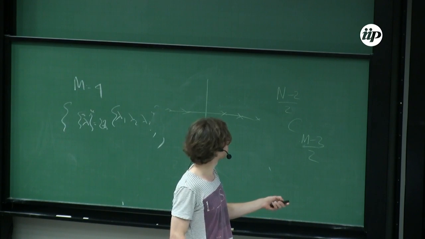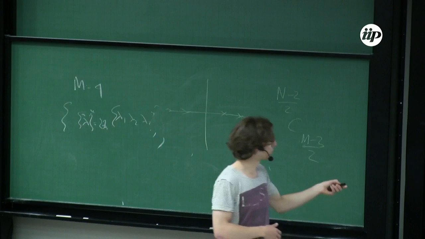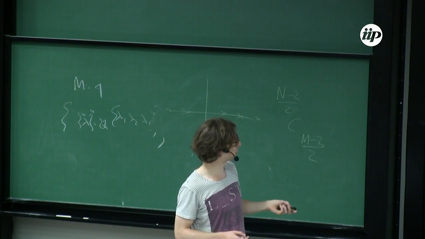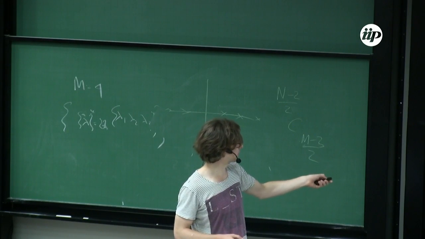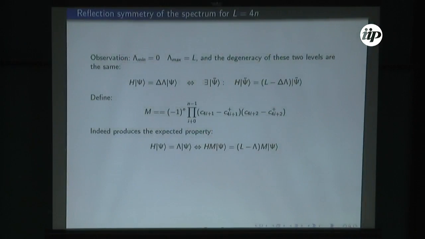Let's go back here. So we want to describe somehow this reflection symmetry of the spectrum, and to do so, we define this M operator. In a moment, I'm going to tell you what this M operator does intuitively.